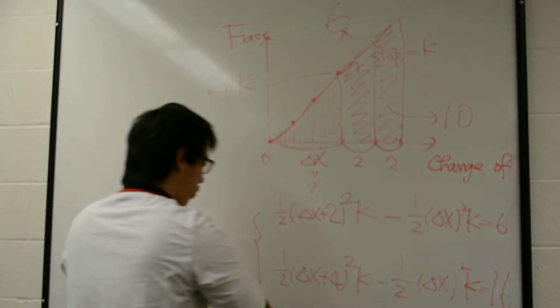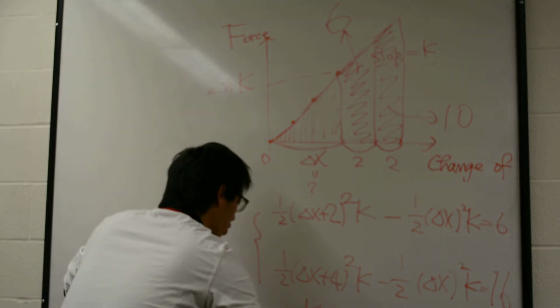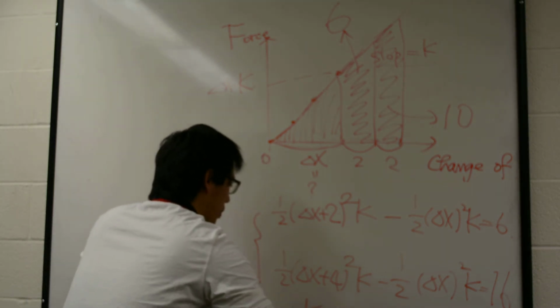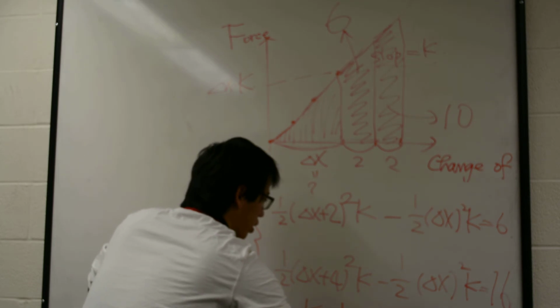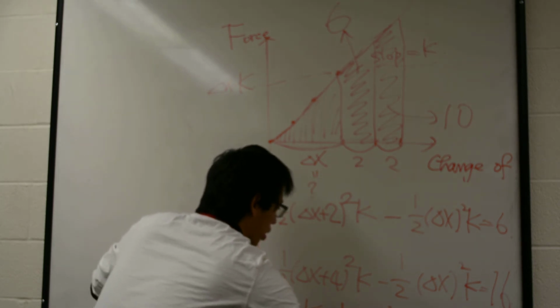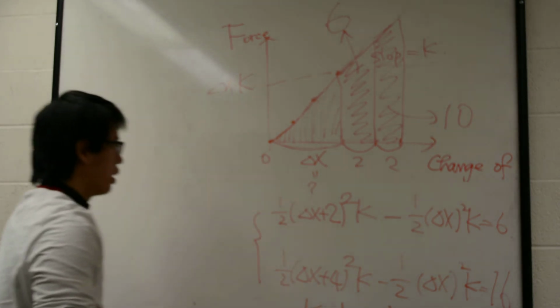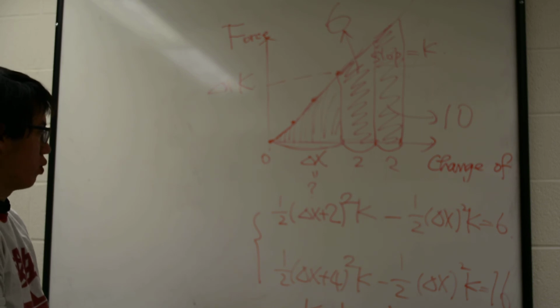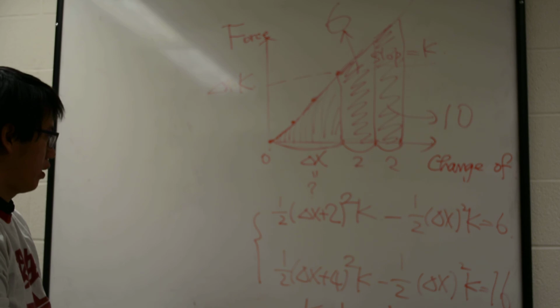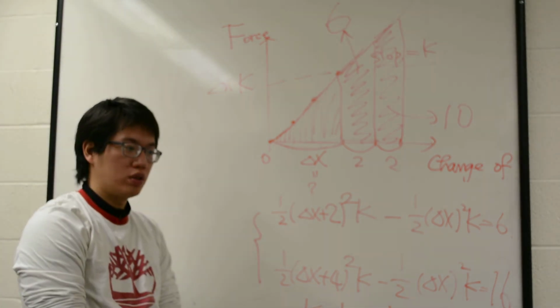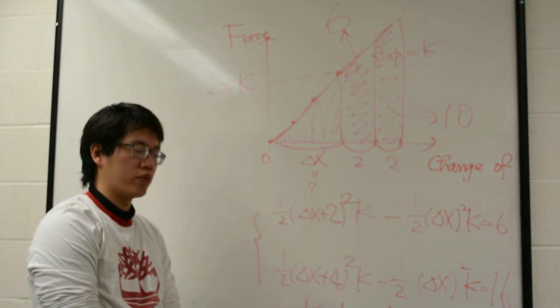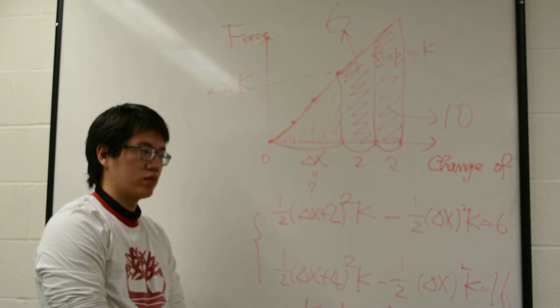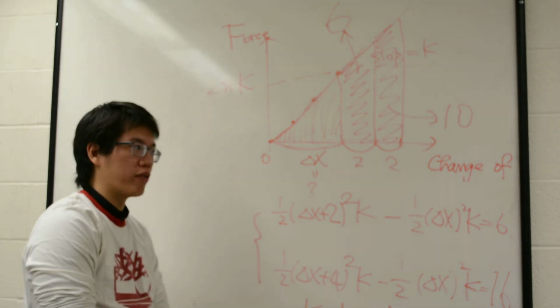And the final answer, if I didn't do it wrong, k will be equal to 1, and delta x would be equal to, I think, anyway, you can figure it out.